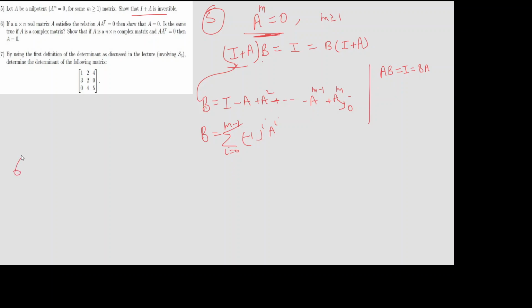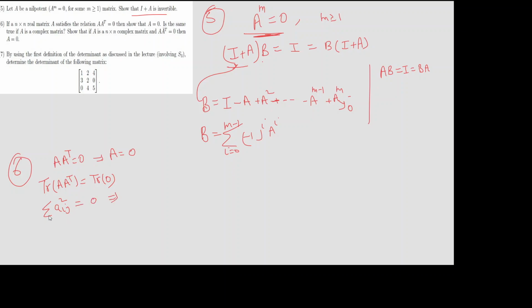In question number 6, we have a relation that if A transpose A is 0, then A is nothing but a null matrix. Why? If we take the trace of both sides, the trace of A transpose A, and the trace of 0, that means this trace is basically the summation of Aij square, and this is equal to 0.